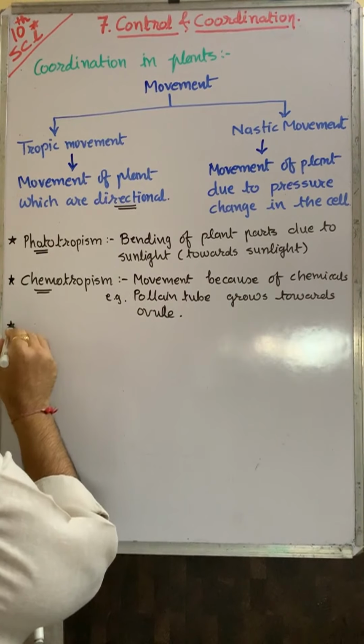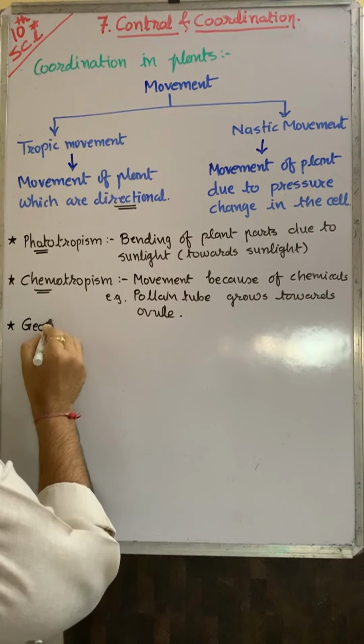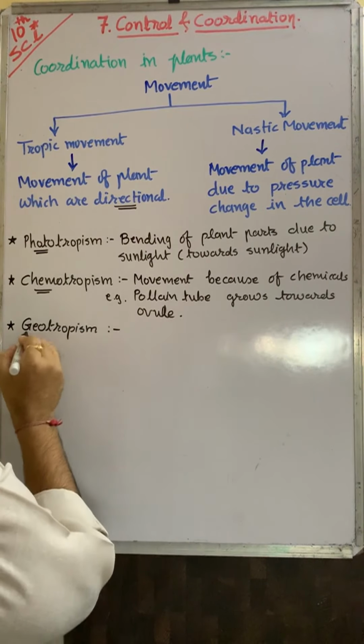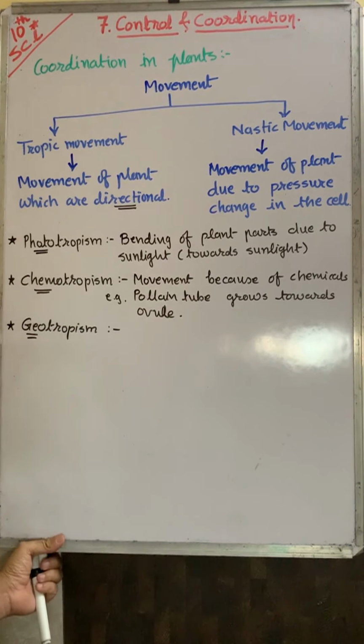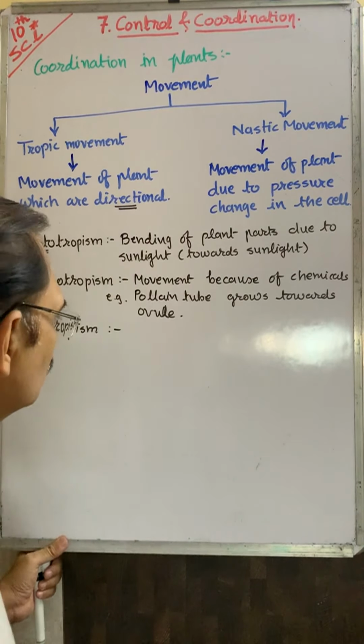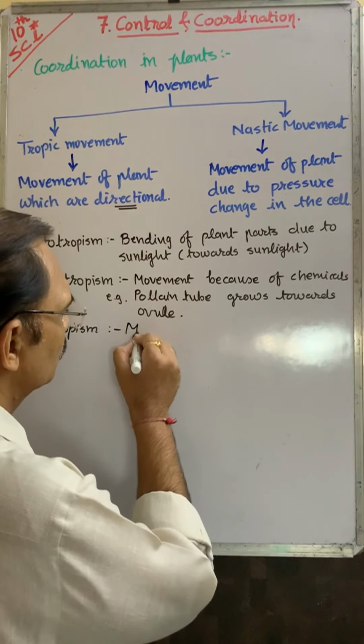Now geotropism. Geo means earth. So here the natural direction is towards the earth, that is, the root. It is the movement of plant parts in response to gravitational force.